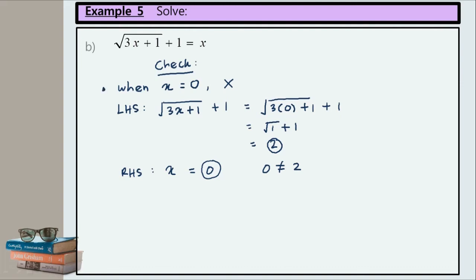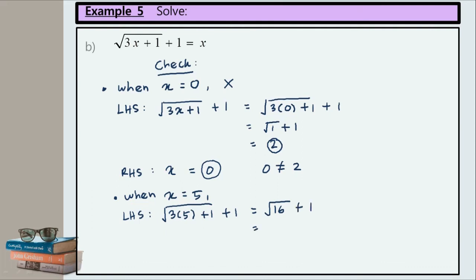And then check pula untuk the another one. When x equal to 5. Okay, left hand side, substitute, set 3x plus 1. So set 3 times 5 plus 1 plus 1. We will get set 3 times 5, 15 plus 1, 16 plus 1.